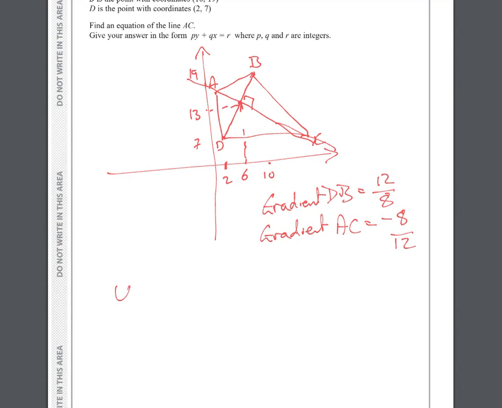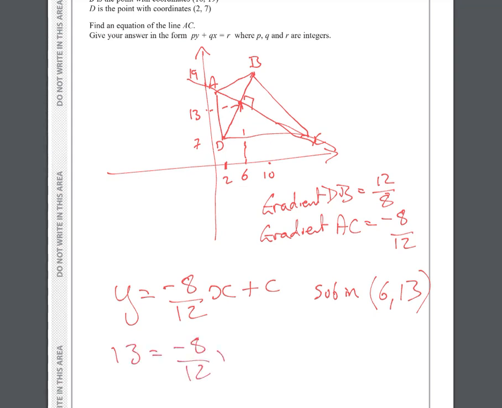So we know that y equals mx plus c. When you sub in 6, 13, it must work. So let's sub in 6, 13. x is 6, that's 13 equals minus 8 over 12 times 6 plus c. And c has got to equal 17.